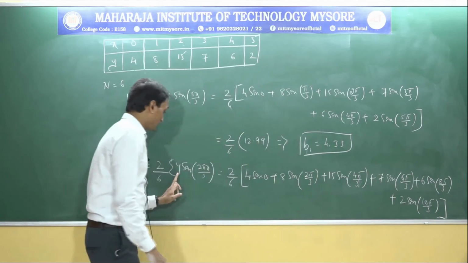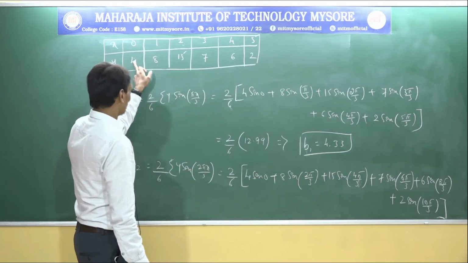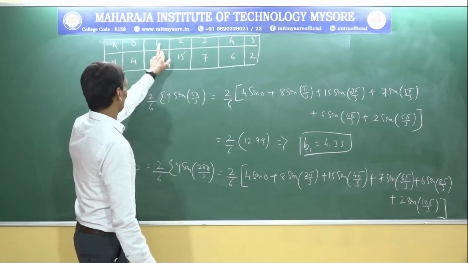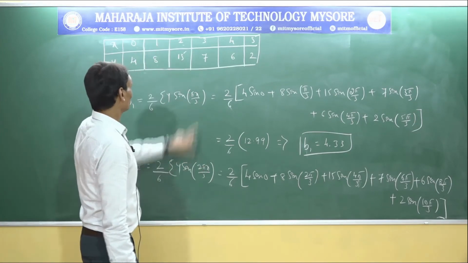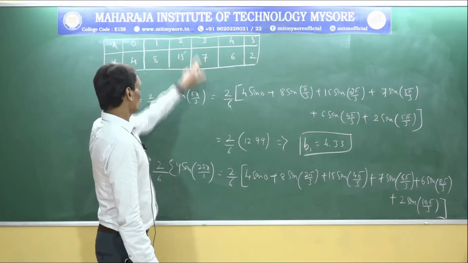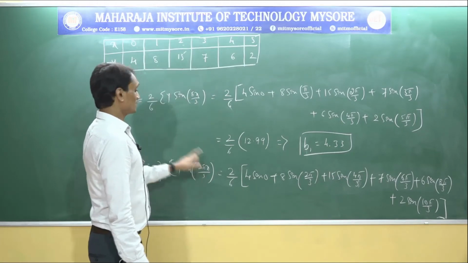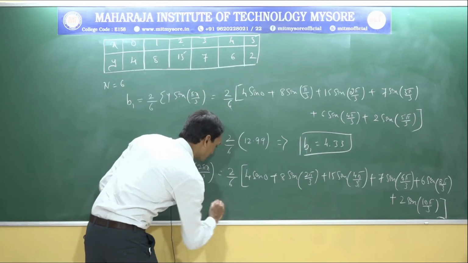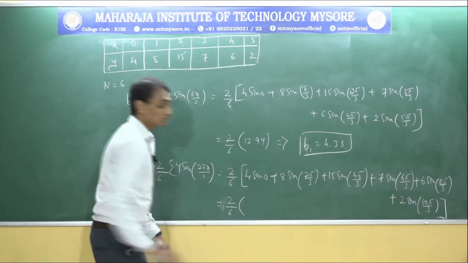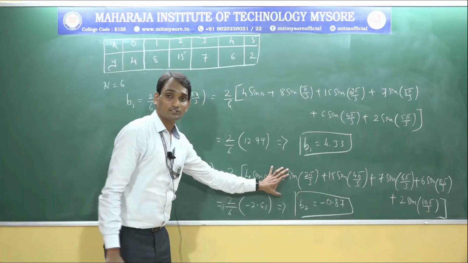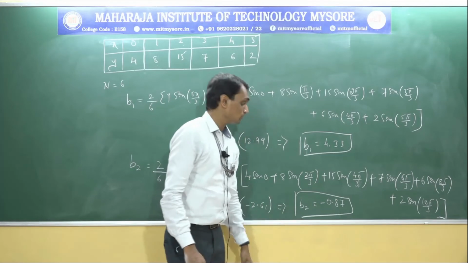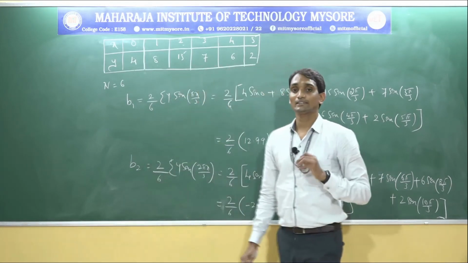I am replacing y and x: y means 4, x means 0, y means 8, x means 1, y means 15, x means 2, y means 7, x means 3. Directly in Calc you calculate the value, that is 2 by 6 into, calculate all the values in Calc, you will get the value minus 2.61. Simplify that one, B2 equal to minus 4.87.